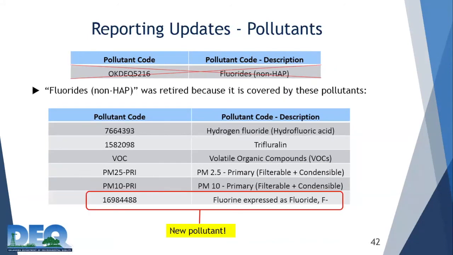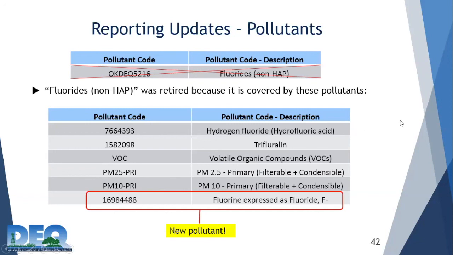Similarly, we have retired the fluorides non-HAP pollutant because it's covered under these other ones, the hydrogen fluoride, trifluralin. We did add fluorine expressed as fluoride so that it is fully covered under all of these pollutants.